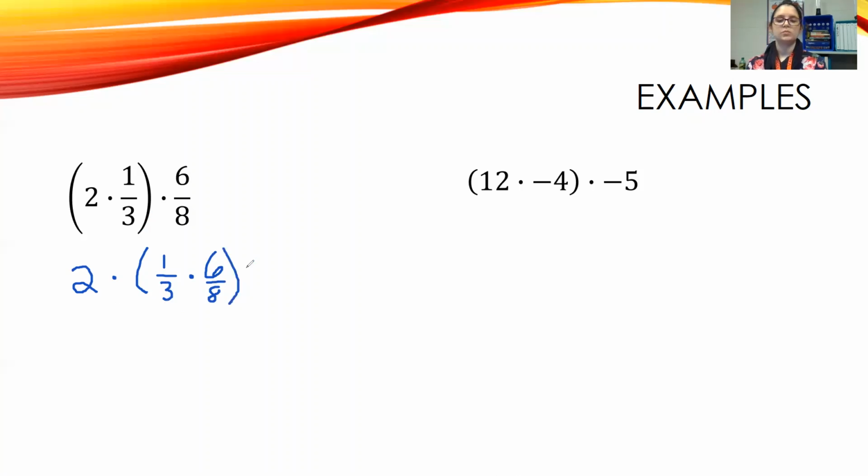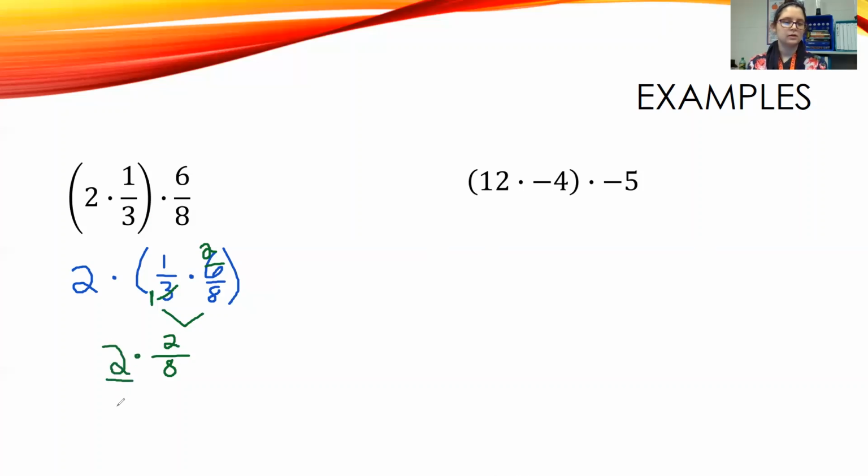Okay, so we multiply these first. The 3 and the 6 are multiples of 3, so we divide them both by 3. 3 divided by 3 is 1. 6 divided by 3 is 2. Okay, well, 1 times 2 is 2. 1 times 8 is 8. Now I'm going to bring down my remaining 2.